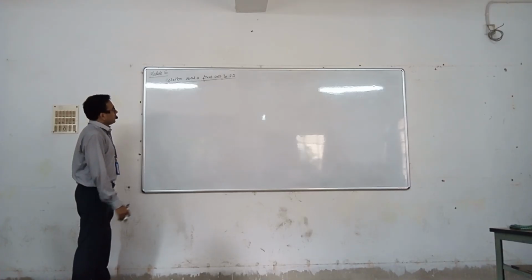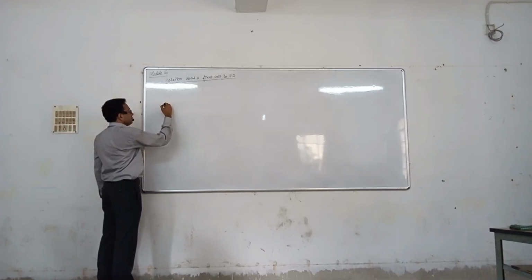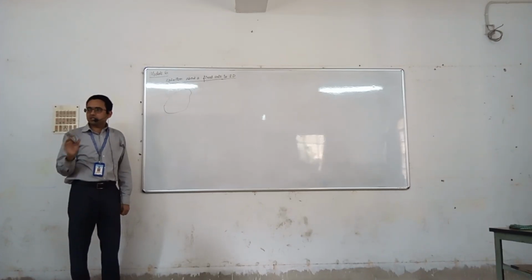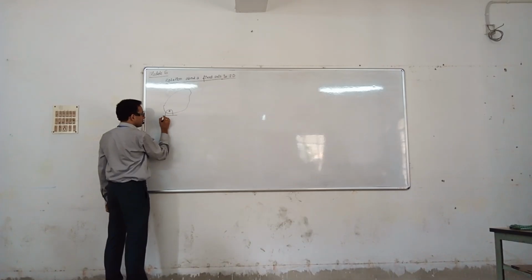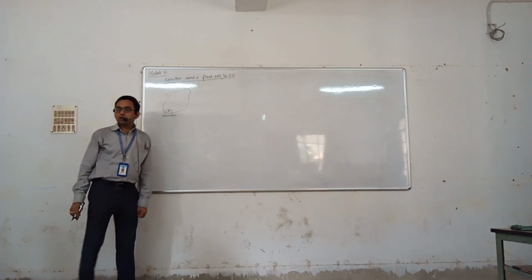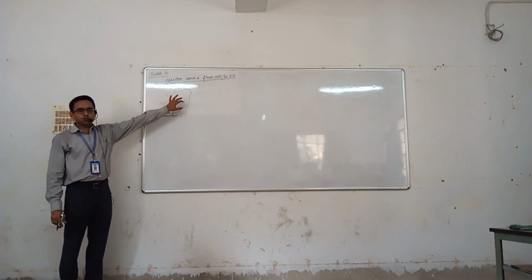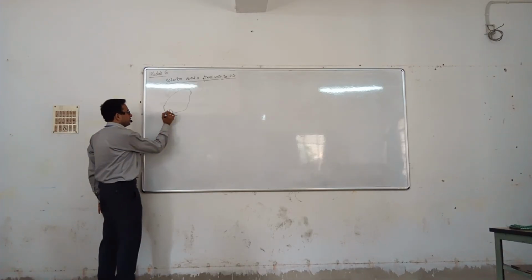Now consider a general object, not a particular shape. This is a general 2D object which is rotating around this point, which is O.